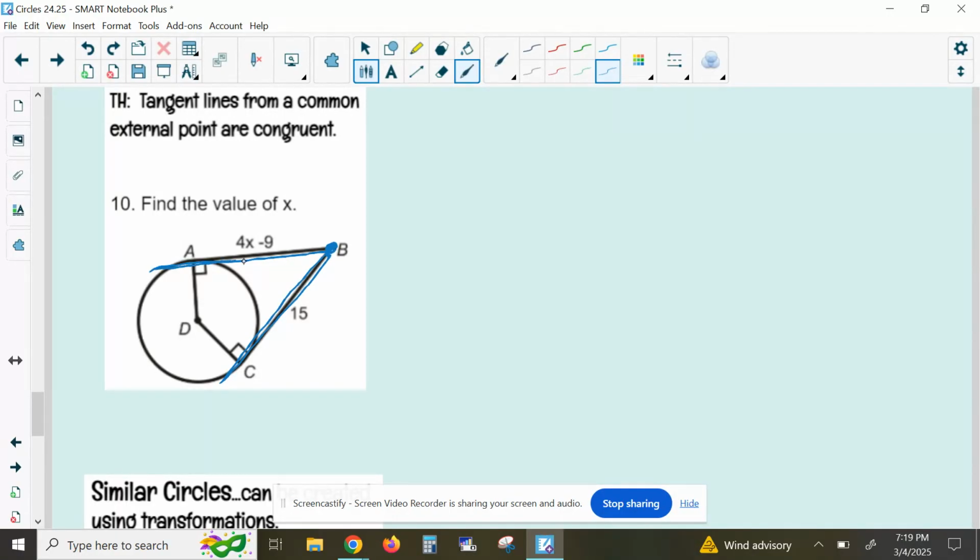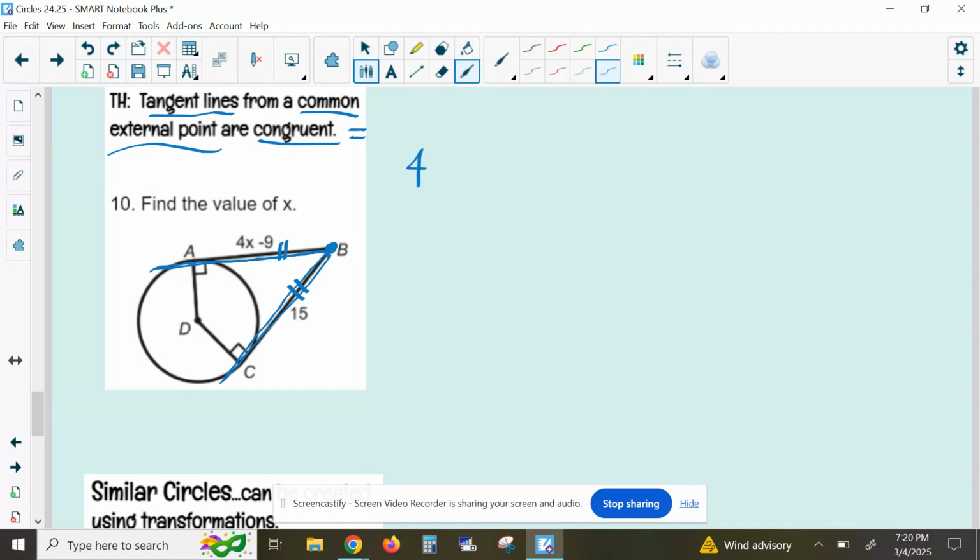Those two lines are going to be the same length, congruent. That means this piece is congruent to this piece. We know congruent means equal in measure, so we could set those two pieces equal to each other.